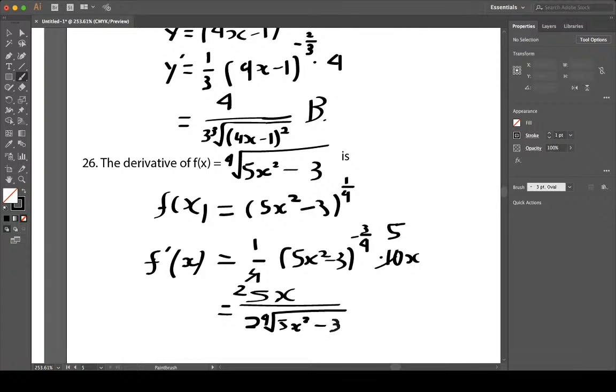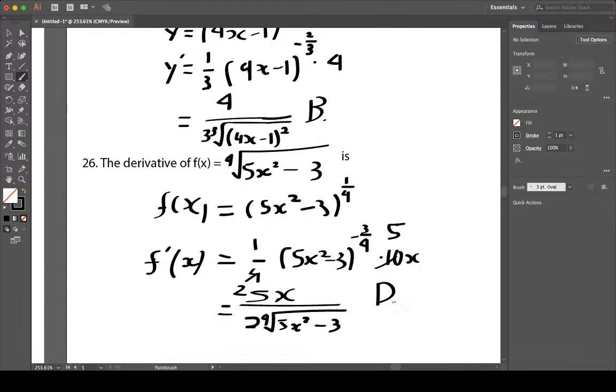There should be a solution. Oh wait, yes, there is. It's 10x over 4 times the fourth root of (5x squared minus 3) cubed. So that's D basically.